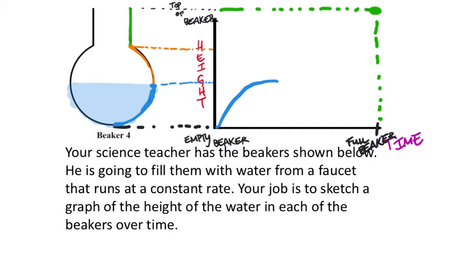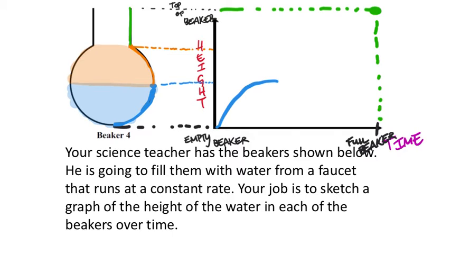Now that we're at this point in height, as we fill up this beaker, it's wide, but now it gets thinner and thinner as we get towards this bottleneck right there. Okay, so that means as it gets thinner and thinner, it needs to fill up faster, and so this line needs to get steeper and steeper as we move in time.